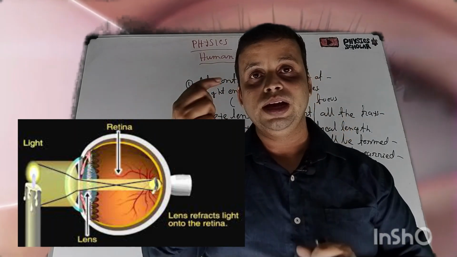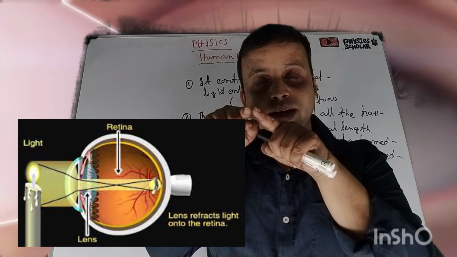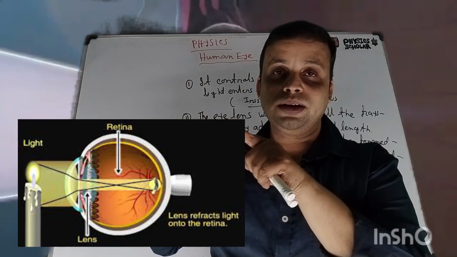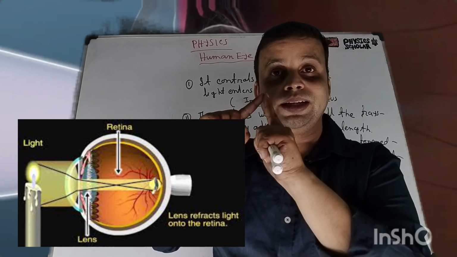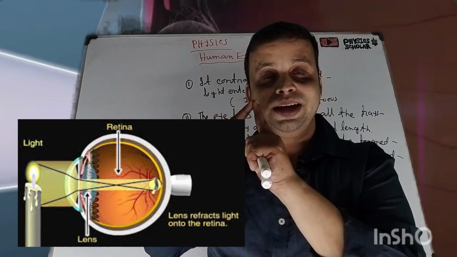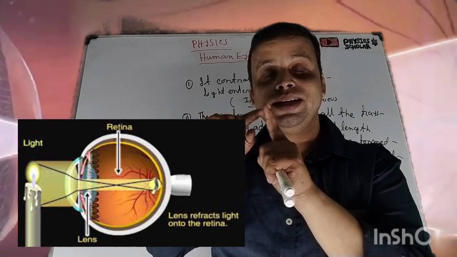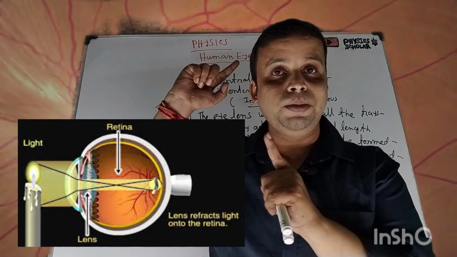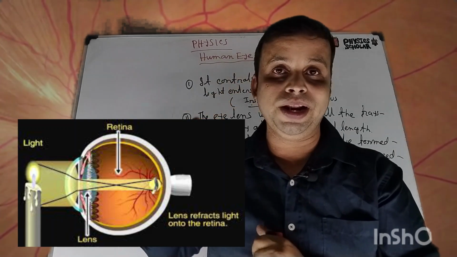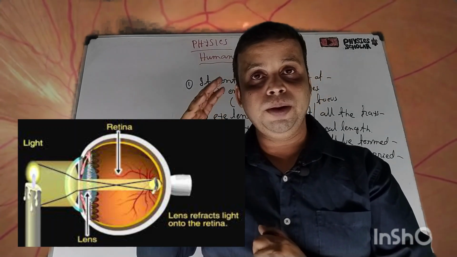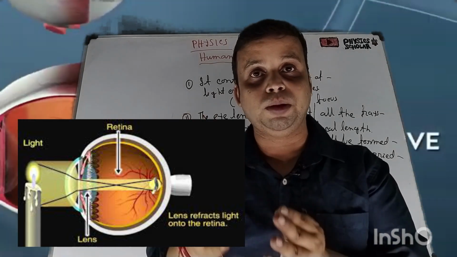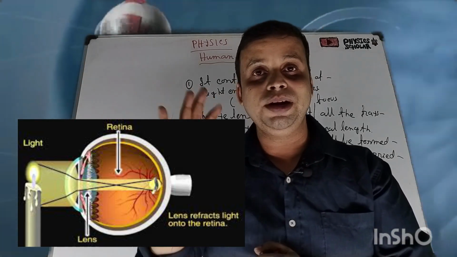It will converge and focus on a particular screen inside our eyes, that is known as the retina. So on the retina a real and inverted image will form, and the electrical impulses will be carried by the optic nerve to our brain, and after that our brain will identify the nature of the image and the object, then we are able to view it.